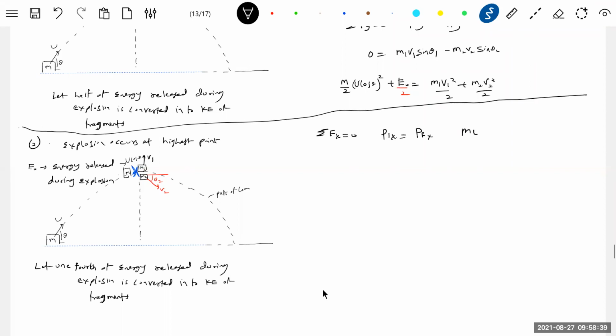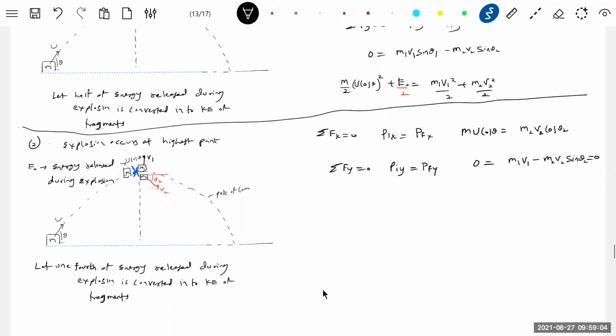Initial momentum m u cos theta. Final momentum. Momentum is conserved in any direction. Here we are just picking up x and y. It is 0 initially, so final momentum m1 v1 minus m2 v2.